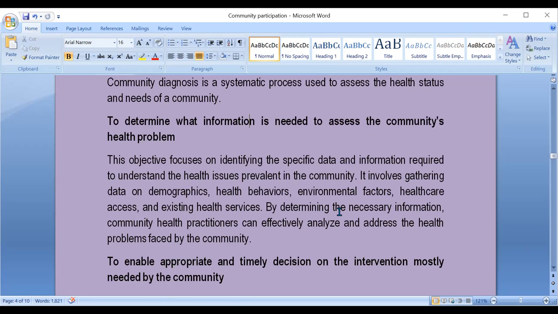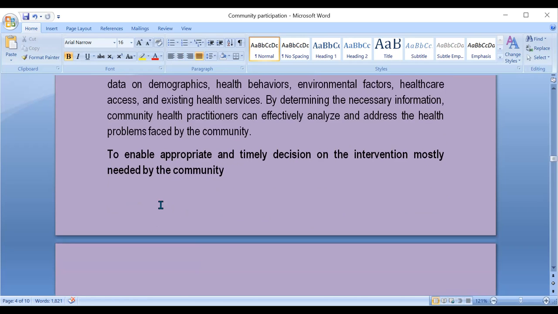So one of the aims while you are deploying community diagnosis as a tool is to get the information you require to analyze and say, yes, this is the problem of the community. That's why you are deploying it.